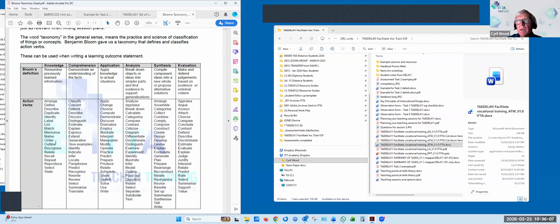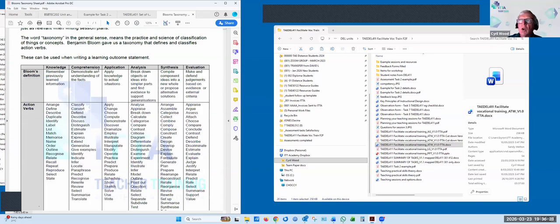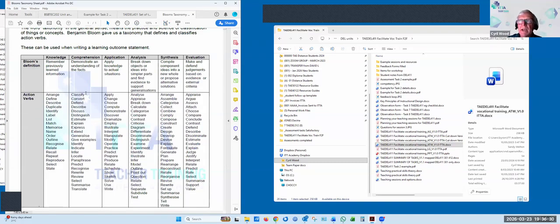And depending upon the active verb that you put at the beginning of a sentence, it drops into these various levels. So, for example, we're talking about knowledge and you want people to remember things. You might ask them to list 5 online security threats. So that's basically just bringing things out from your knowledge bank in your head, or name something or order something. That's what that is in that first column. Comprehension, demonstrate an understanding of the facts.